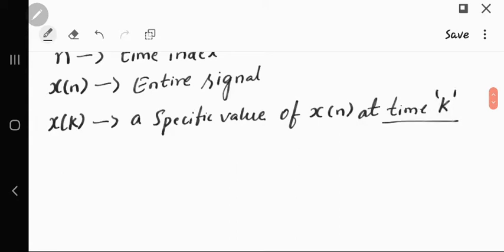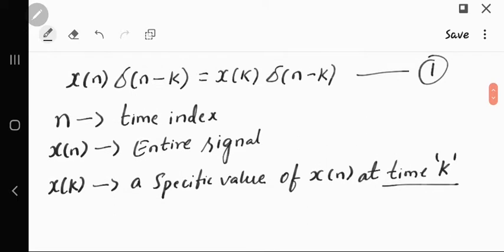So x of k is a specific value of the signal x of n at time k. In equation 1, k takes values from minus infinity to plus infinity.